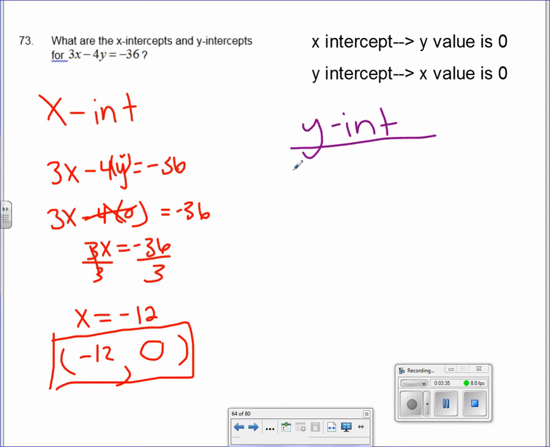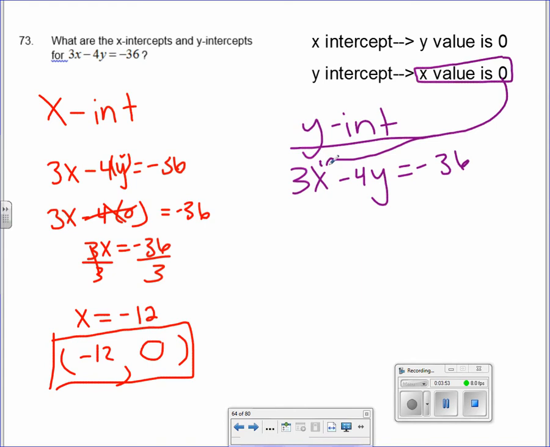So let me rewrite my equation. 3x minus 4y equals -36. And for the y-intercept, we know that the x value is always going to be 0. So I'm going to plug in 0 into x right there. And when we plug in, put it in parentheses.